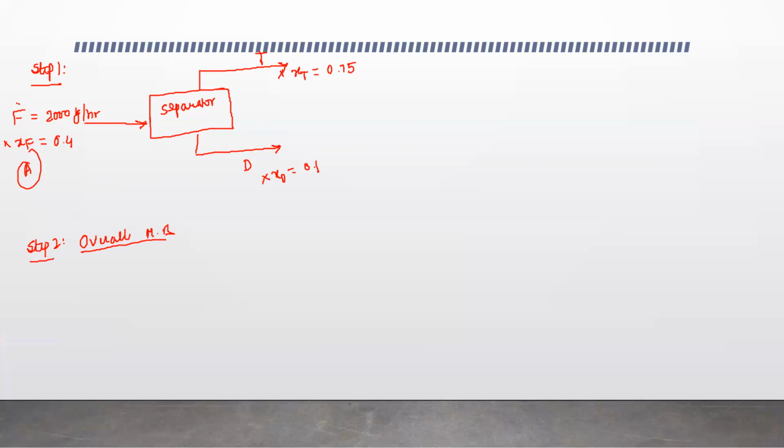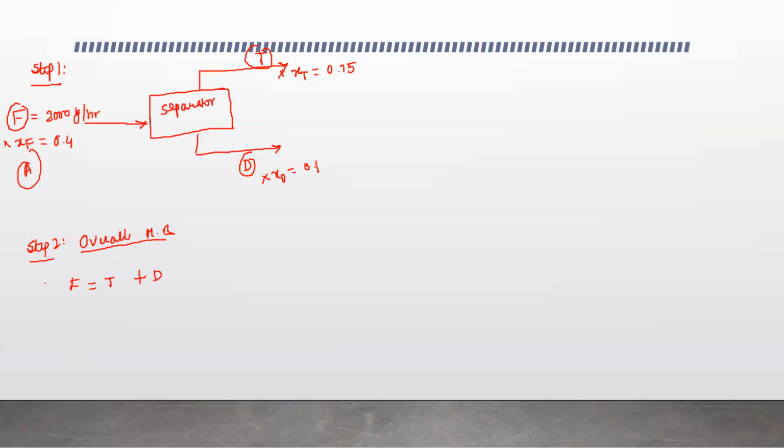So we have F, we have T, we have D. Whatever is coming inside has to go out, at steady state, right? So F is coming inside, it has to go out. That out is basically T plus D.